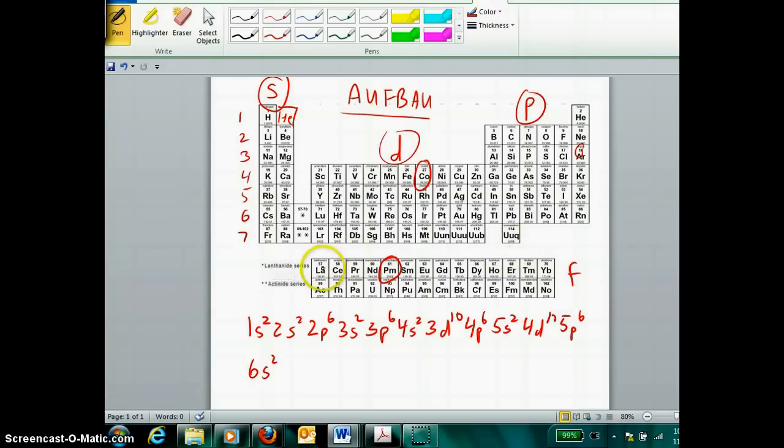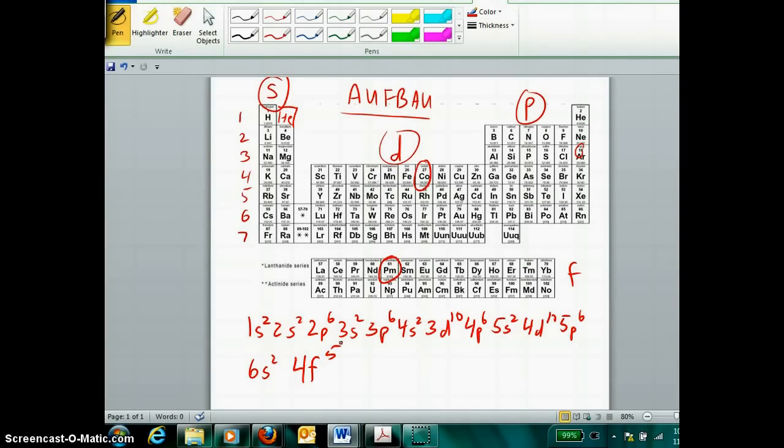And let's not forget that f's do not appear until the 4th energy level, n equals 4. And that's because we have 1, 2, 3, all 4 sublevels if we talk f, and you must have at least an energy level equal to the number of your sublevels. So the first time we can have all 4 sublevels is when n equals 4. So these f's are 4f electrons. 1, 2, 3, 4, 5 of them. And there is our electron configuration for the atom.